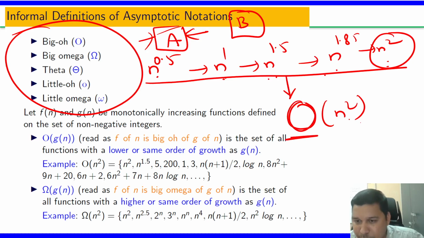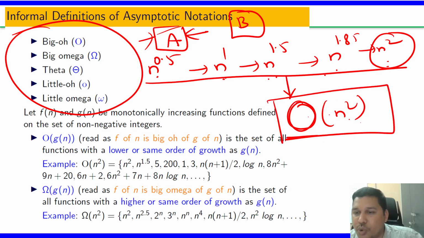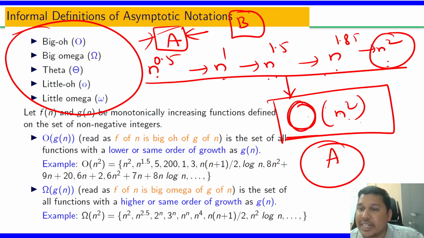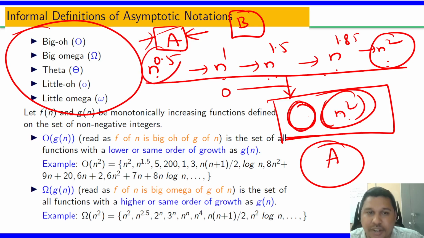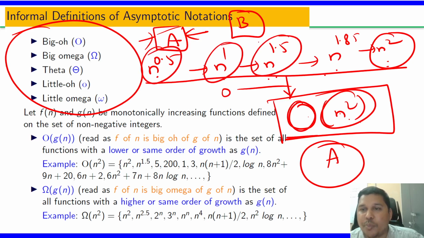Big O of n square is the order of growth of algorithm A. Its meaning is that this algorithm A takes different order of growths at different times between 0 to n square. Sometimes n power 0.5, n power 1, n power 1.5, n power 1.85, and so on.